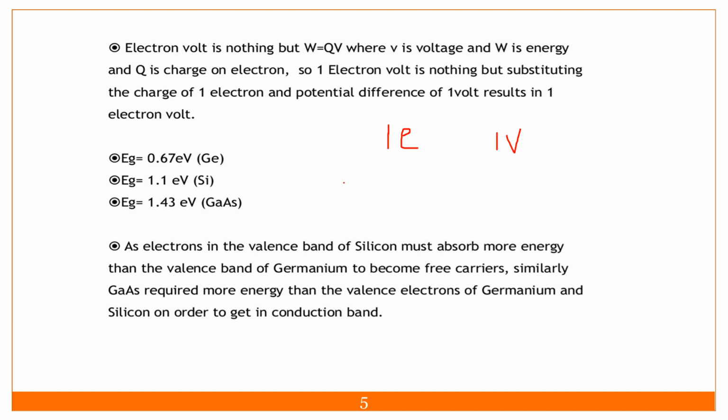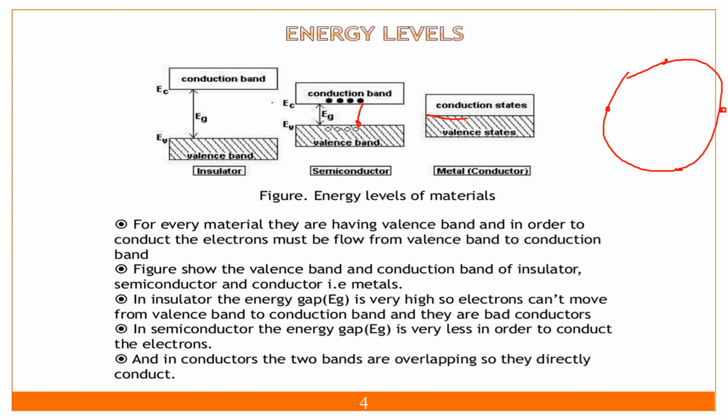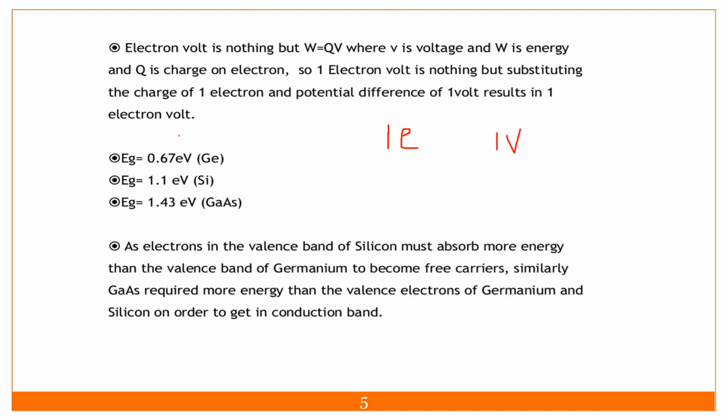Now the band gaps. In germanium it is 0.67 electron volt, in silicon it is 1.1 electron volt, and in GaAs, gallium arsenide, it is 1.43 electron volt.